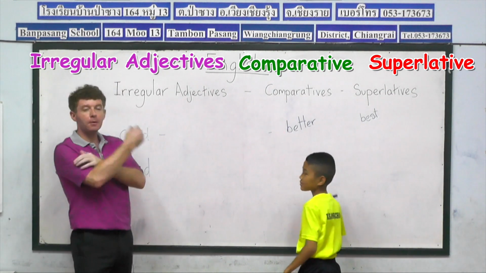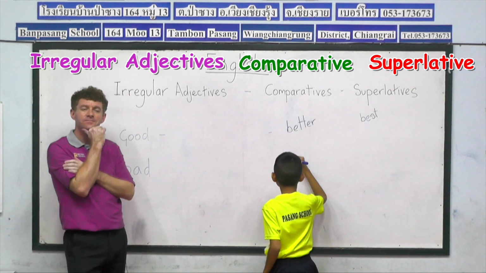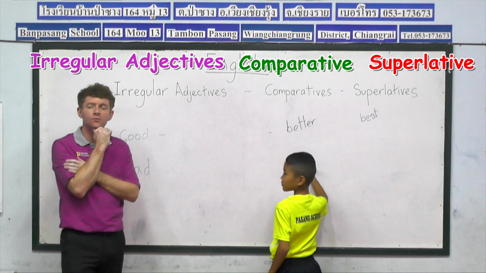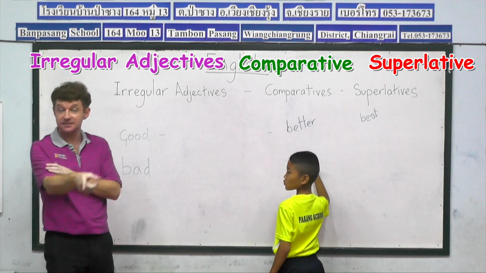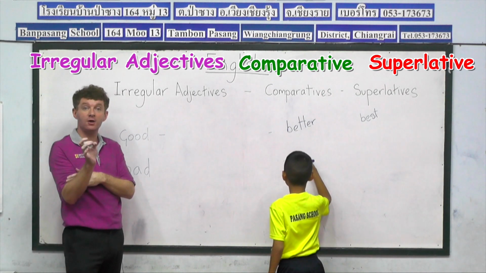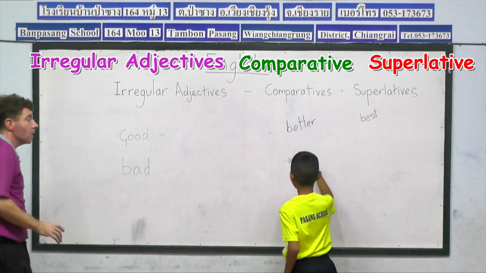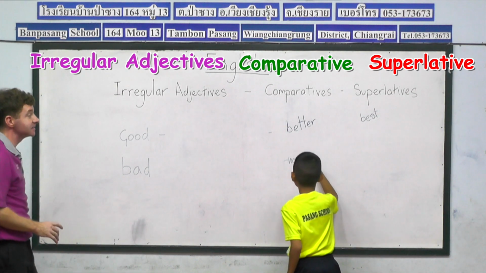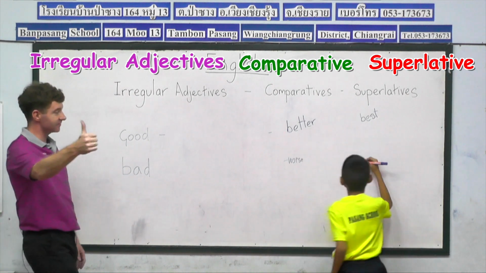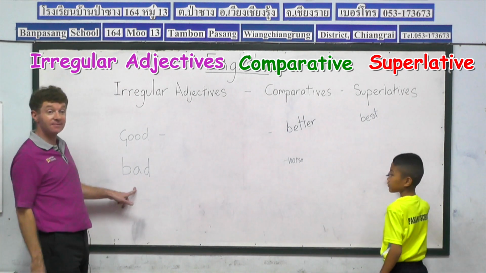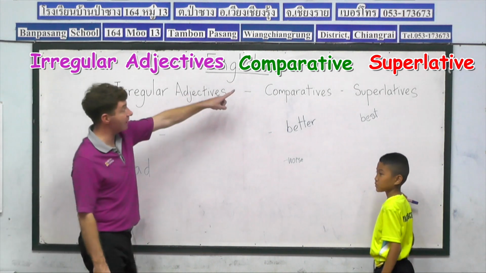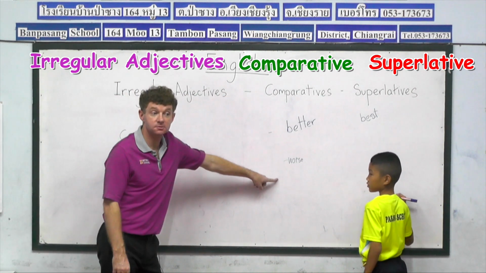So what do we think about the comparative of bad? What word do we use? Worse, yes. Well done. It's worse. W-O-R-S-E. Excellent. So we've gone bad, and then the comparative, worse.